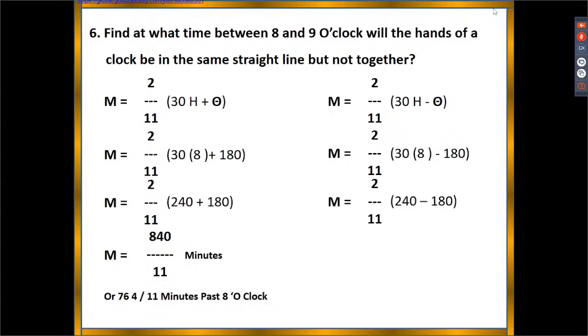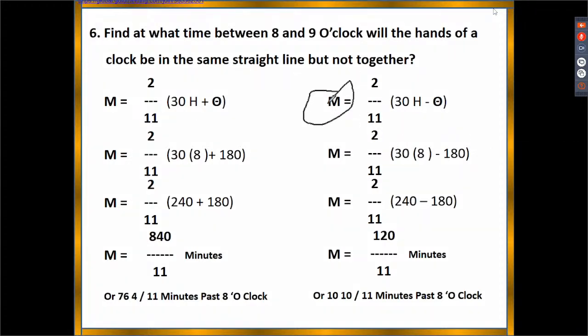So 240 minus 180 means 60 into 2, 120 by 11. So 11 10s are 110, 10 10 by 11 minutes. So this is the M value, the required time.